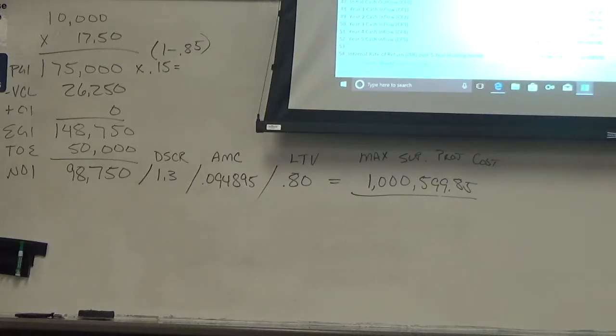Then we can ask, what if we sell it and get the cash flows from that, and what does that mean in terms of an overall return? Does that make sense?